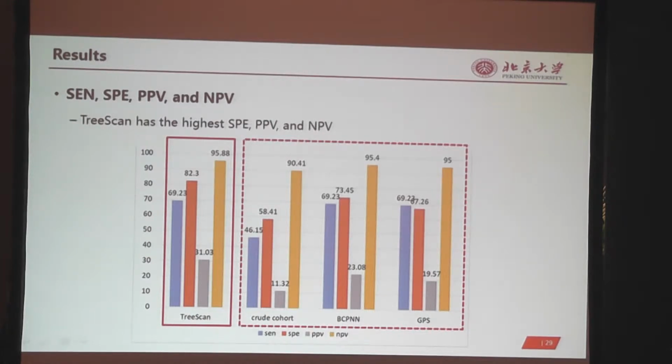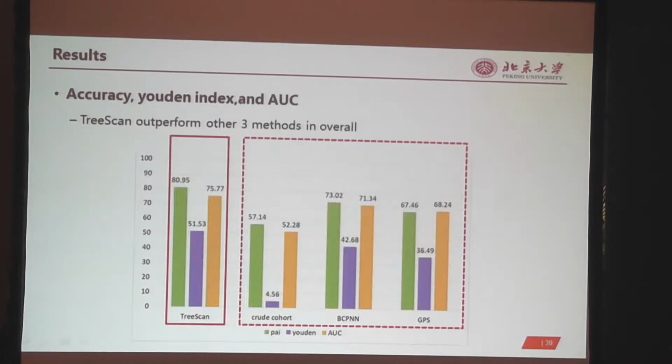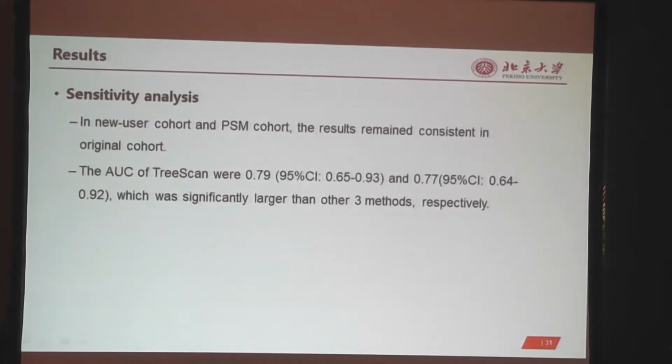With similar sensitivity, tree scan has the highest specificity, PPV and NPV. And for accuracy, Youden index and AUC, tree scan also outperforms the other 3 methods overall.